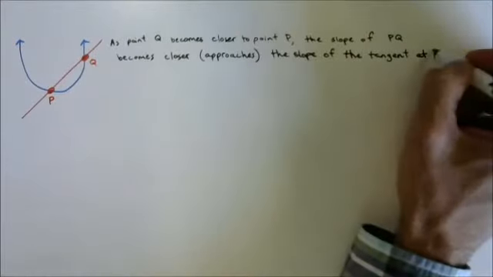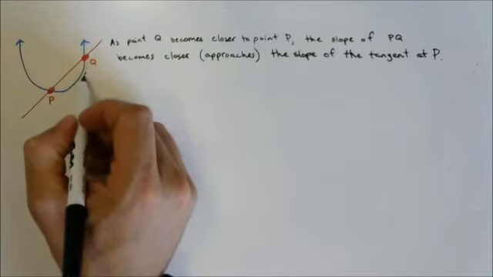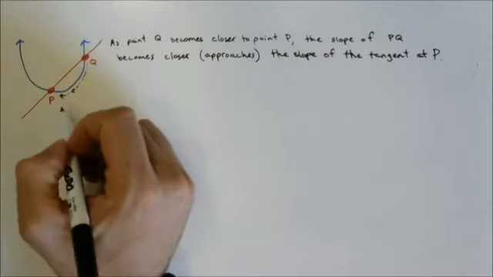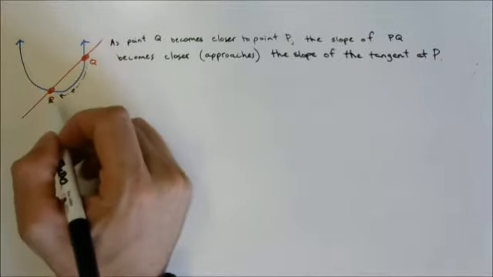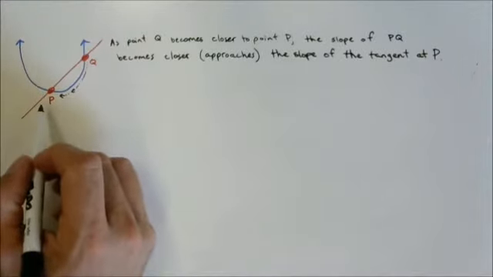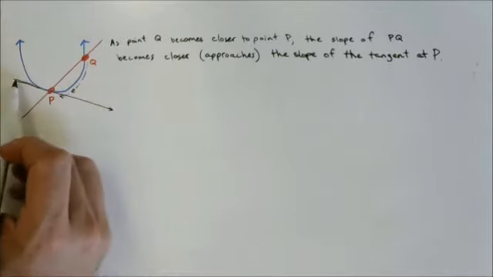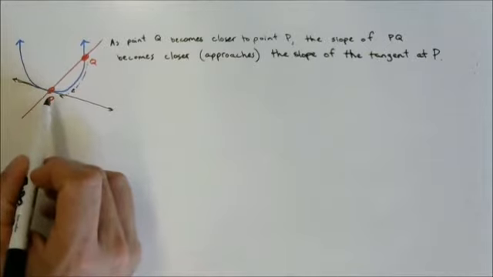At P. So if we could take point Q and move it down the curve closer and closer and closer to point P, the closer we get it to point P, the closer the slope of that line becomes to the slope of the tangent at P. So if we were to draw a tangent at P, again, a tangent line is a line that touches the curve at one place and has the exact same slope as the curve at that place.